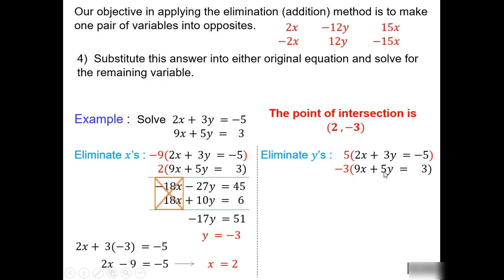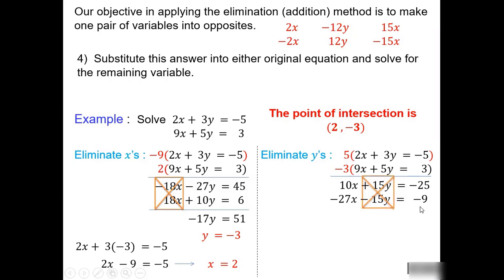But notice that they have to be opposite signs, so I just chose to multiply the second one by negative. It doesn't matter which one you choose, you just need one of them to be a negative and one of them to be a positive. So when I distribute the 5 to the top equation, I get this new equation. And when I distribute negative 3 to the bottom equation, I get this new equivalent equation.